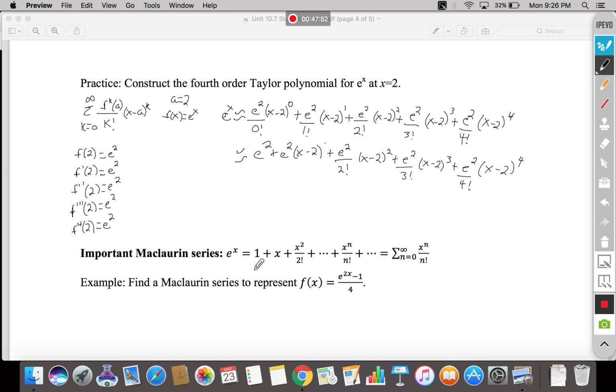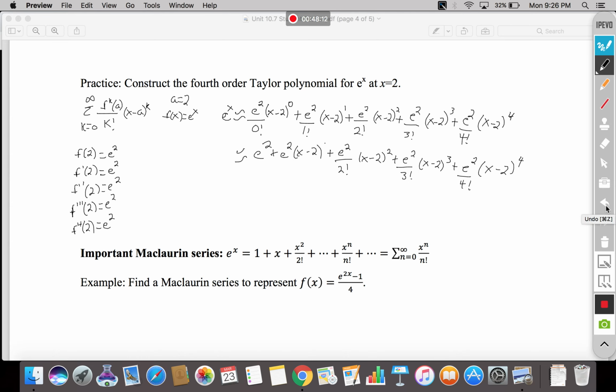E to 0 is 1, plus e to the 0 times x minus 0 is x, plus e to the 0 over 2 factorial times x minus 0 gives us x squared over 2 factorial, and so on and so forth. This is one that you'll need to memorize. We'll talk about that in a minute.